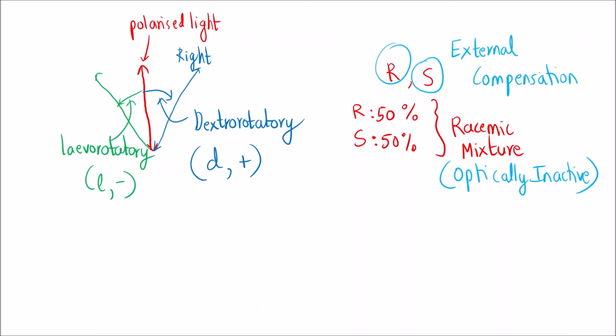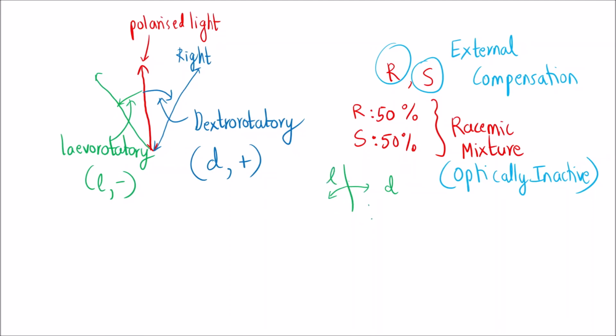So what is the meaning of this? Suppose one enantiomer rotates the plane polarized light to the right, or it is dextrorotatory, then the other enantiomer will rotate the plane polarized light to the left by an equal amount.